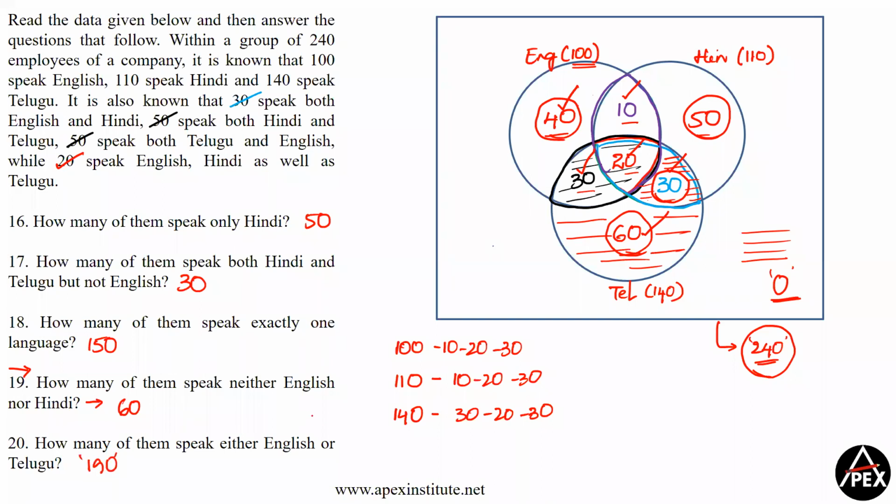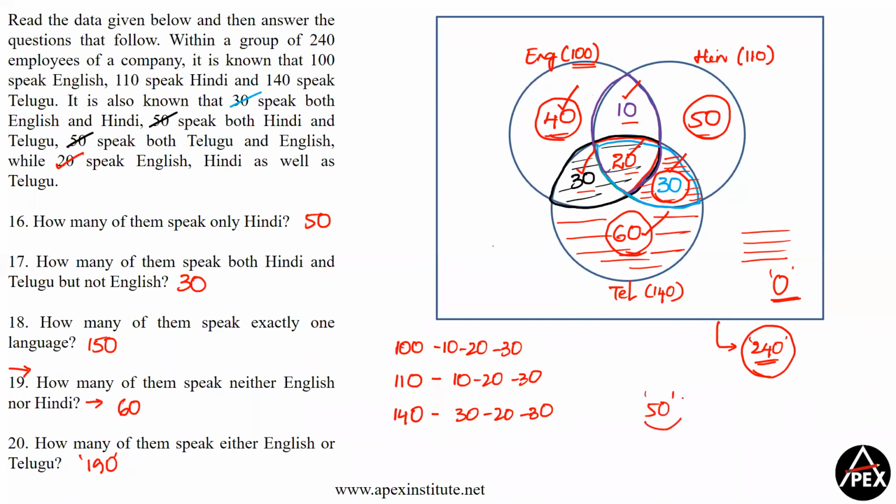If I ask you how many of them speak neither English nor Telugu, then what will be your answer? See here, it's not only English or only Telugu. How many employees do not speak either English or Telugu is 50.